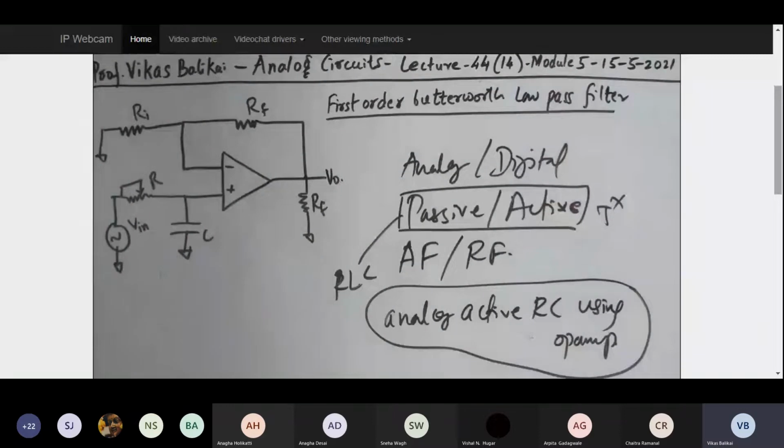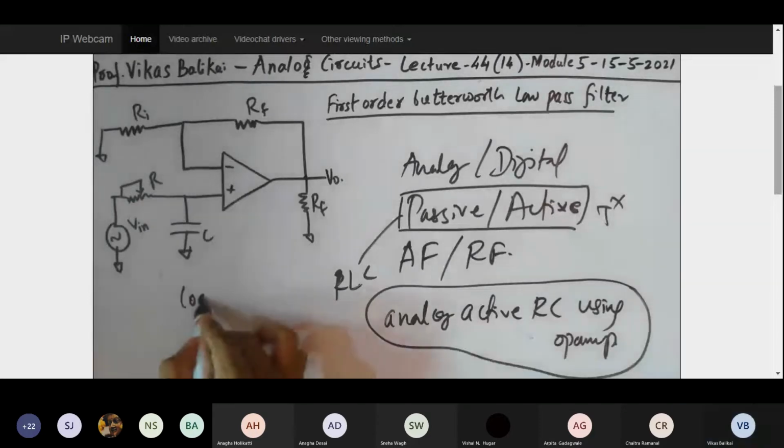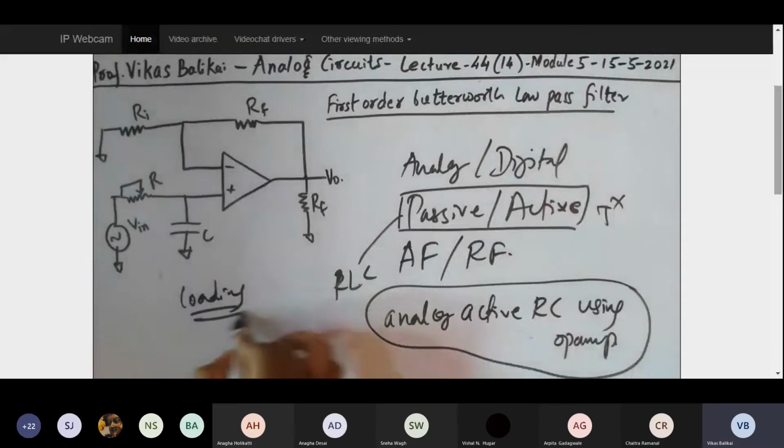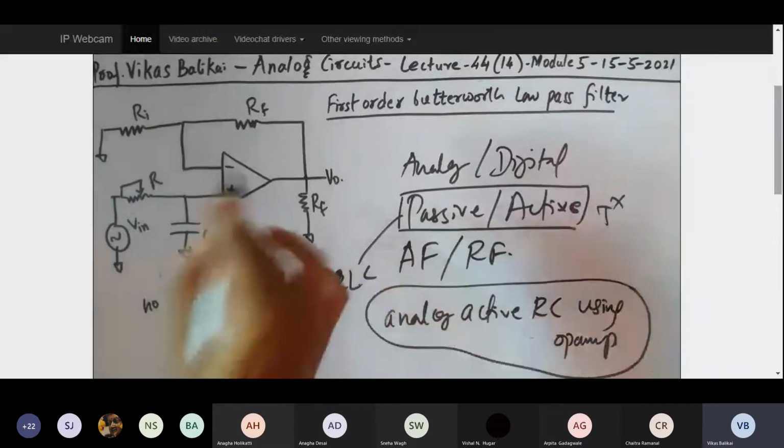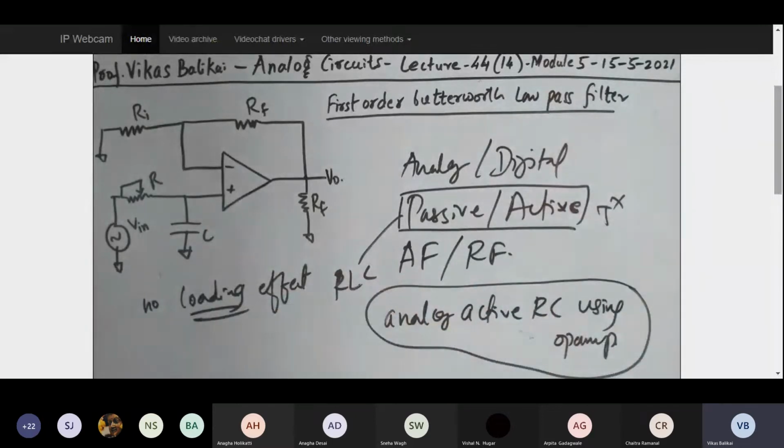And there is no problem of loading, or the loading effect is not there, due to the usage of the op-amp. I'll tell you what exactly we mean by loading effect sometime later, but as of now, just remember there is no loading effect due to the usage of the op-amp, for the simple reason of its high input resistance and low output resistance. We can avoid this loading effect.